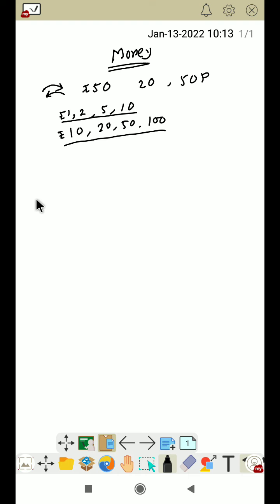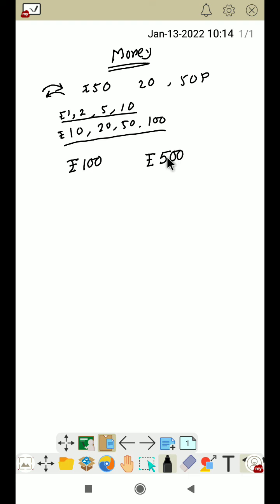Now if I ask you how to denote 100 rupees, you can easily denote it this way. This is the rupees sign, then 100. If I ask you how to denote 500 rupees, you denote it this way: the rupees sign, then 500.